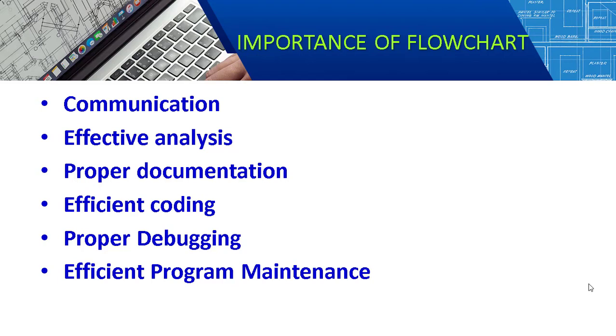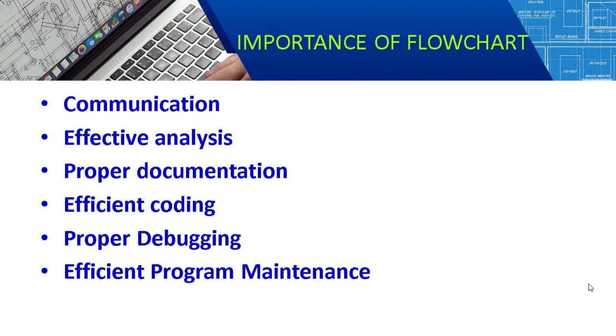Without documentation, we are not able to analyze or we don't know what kind of program it is. So what we are doing in this program has to be documented in a proper way.